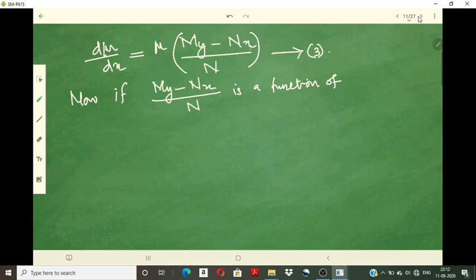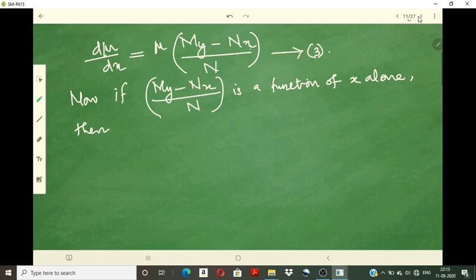We know M is a function of x and y, N is a function of x and y, and we take the derivative of M with respect to y and N with respect to x, take the difference and divide it by N. Then if the resulting function is a function of x alone, then we know there is an integrating factor.